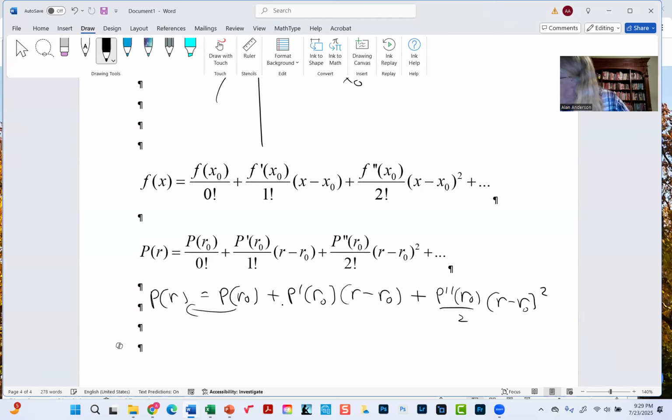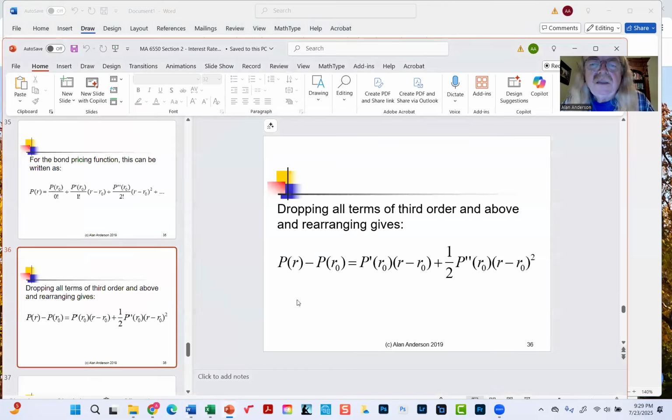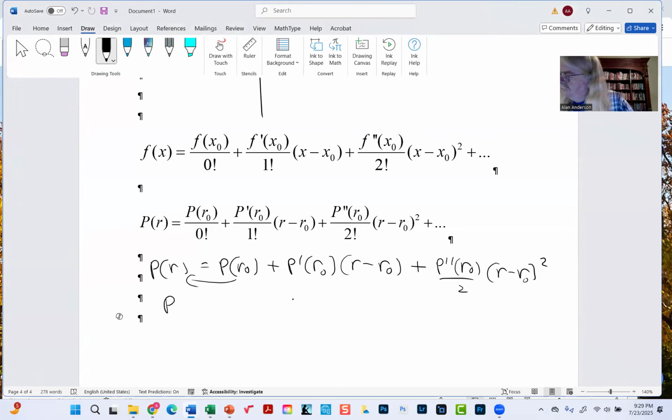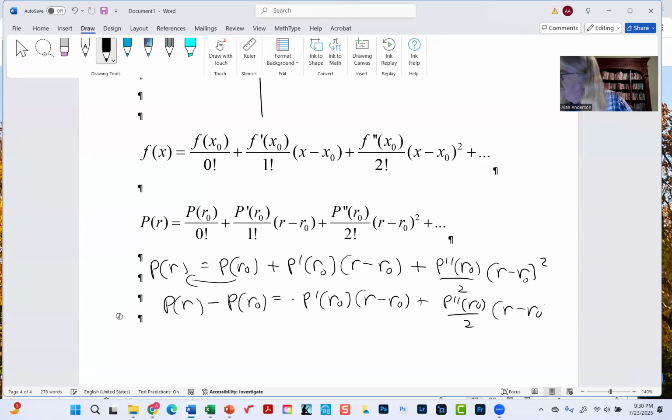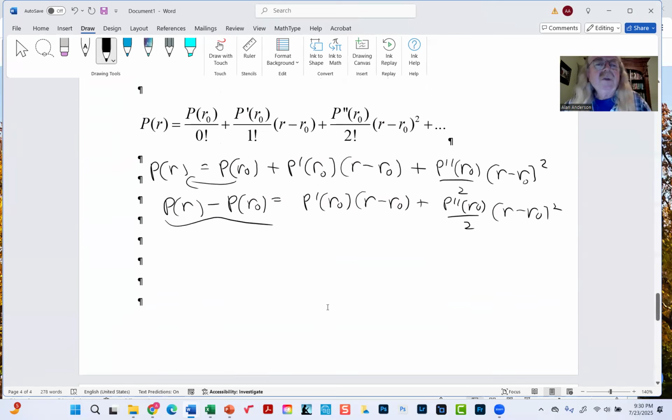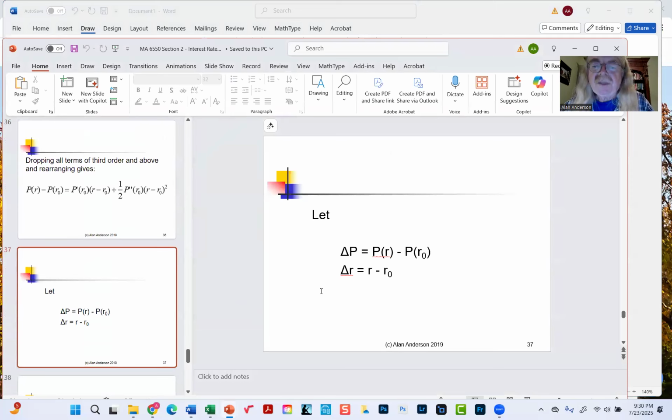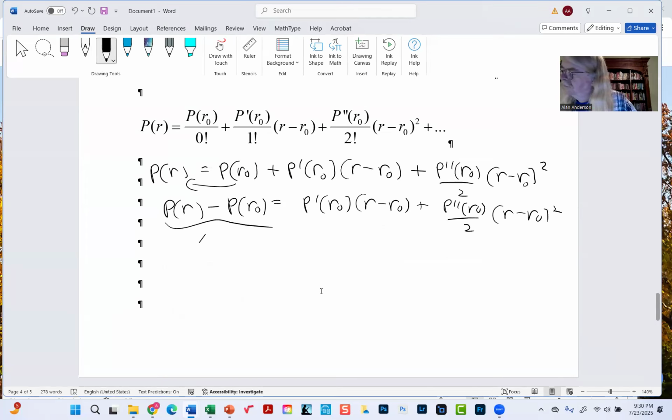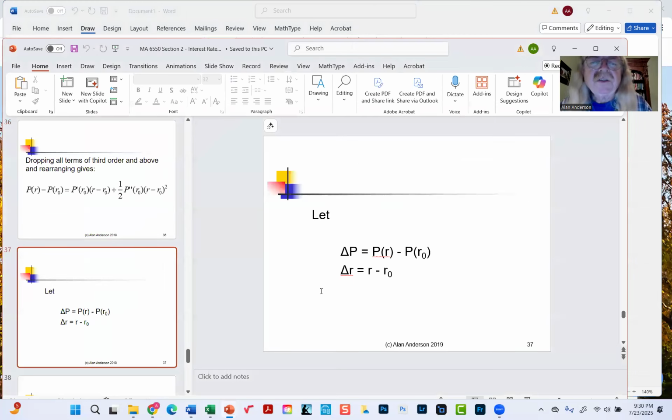What I'm going to do is subtract this from both sides. And this is the change in the price. In other words, we can replace that with delta P. R minus R0, we can replace with delta R, just to simplify it a little bit.